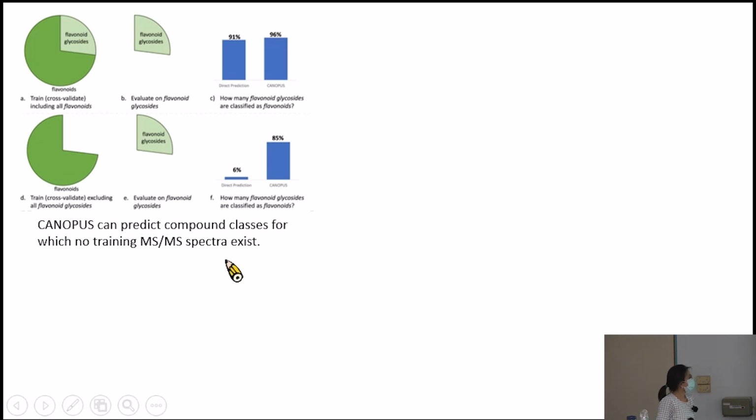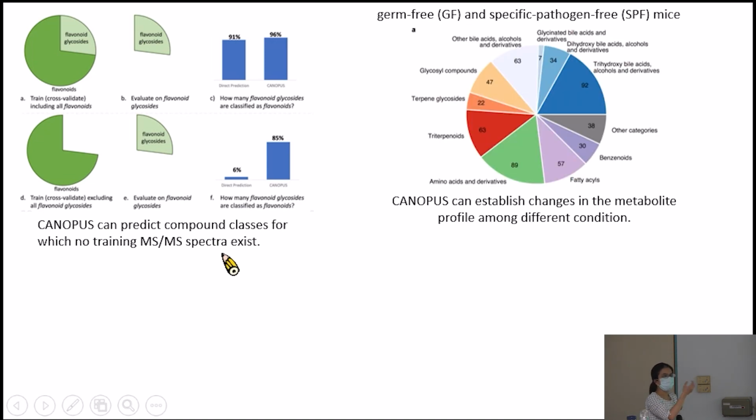Okay. So in addition to this powerful function, they also provide another functional analysis. It's about the metabolite determination of different kinds of classes.